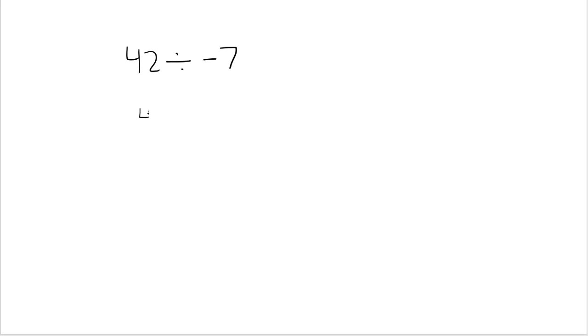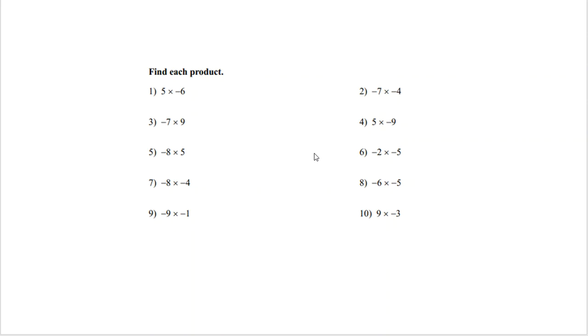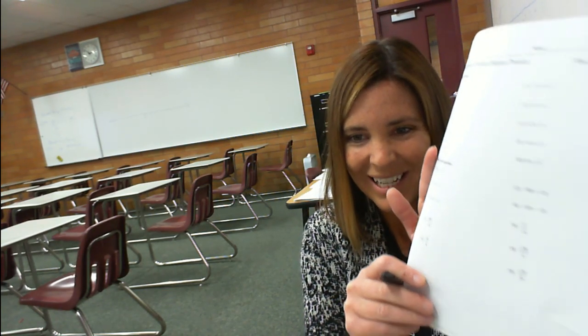If you have 42 divided by -7 written as a fraction, that also means division. So these are the two different ways that you may see division in this class moving forward. So what I want to do with you now is we are going to complete the examples for find each product and find each quotient.